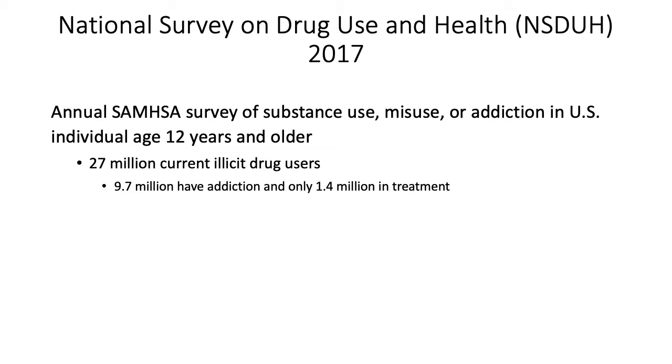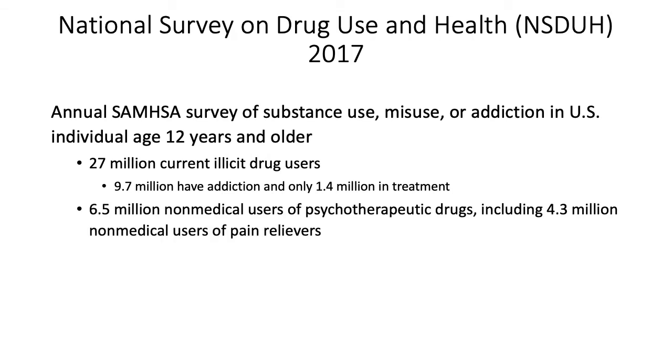There's 27 million illicit drug users. 9.7 million of those have an actual addiction, and only 1.4 million are getting treated. 6.5 million are using non-medically prescribed psychotherapeutic drugs, and 4.3 million people are using non-medically prescribed pain relievers.